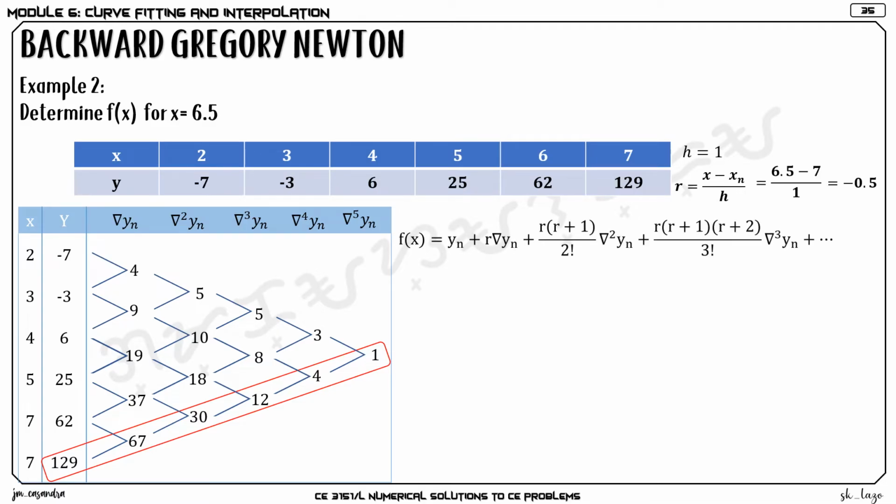So for the function of x equal to y sub n plus r nabla y sub n, plus r times r plus 1 all over 2 factorial times nabla squared y sub n, and so on.